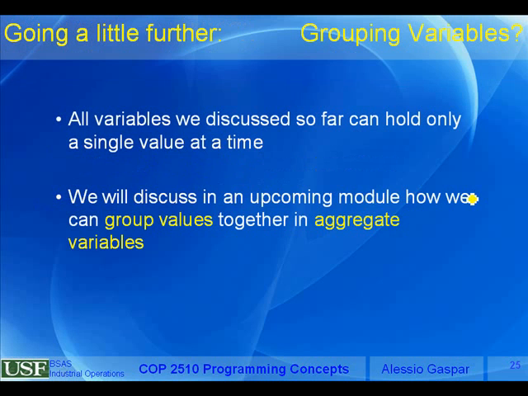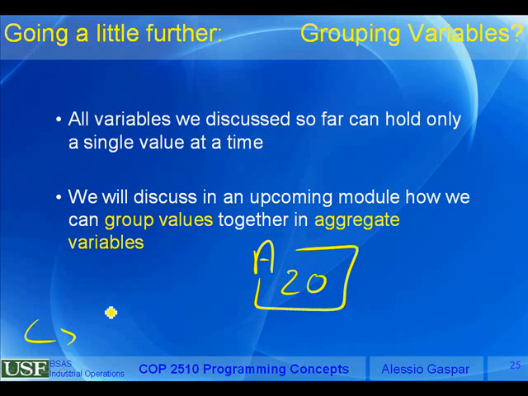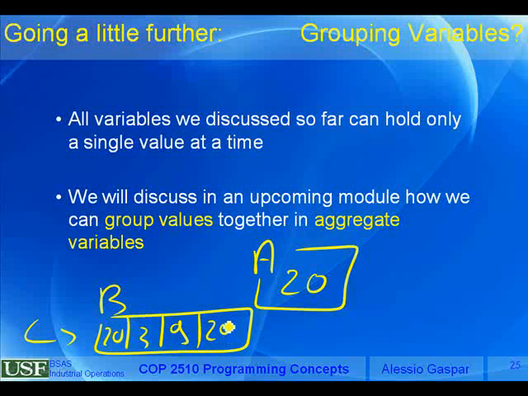One tacit rule that we use so far is that each variable, A for example, can contain only one value at a time. So A is an int, it can contain the value 20 and only the value 20. The next thing we are going to do in a couple of weeks is consider a variable, like variable B for example, which contains multiple values. For example, 23, 9, 200.